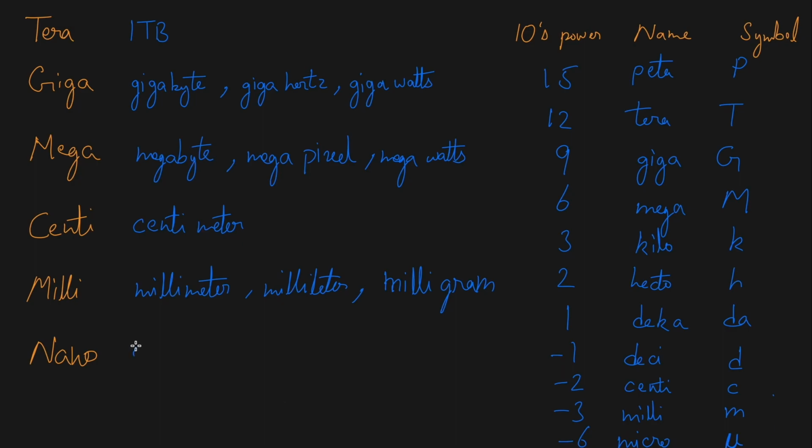For example, let's write it down. Nanometers. So nanotechnology basically means technology at the size of nanometers. We use nanometers in microscopes when you're trying to study a cell. The length of the cell is in nanometers, like that.